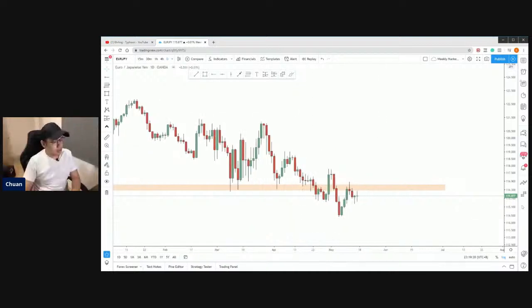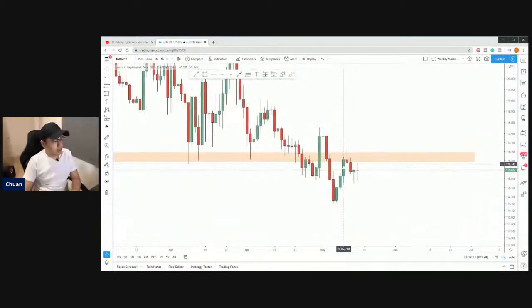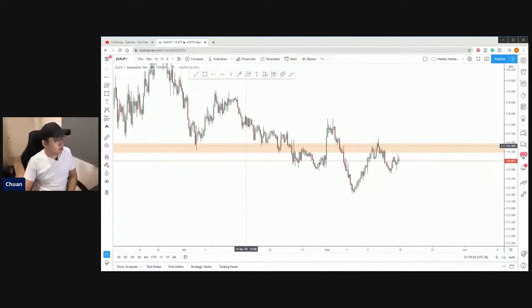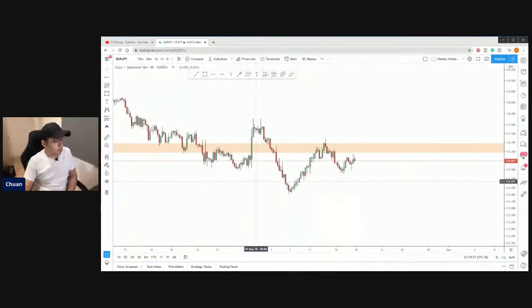and the market is retesting this level. I will not say that this is an evening star, but we can see that there is something like a doji here, and also a very strong bearish candle. So I was expecting the market, let us look at the H4 chart, I was expecting the market to retest this level this week.